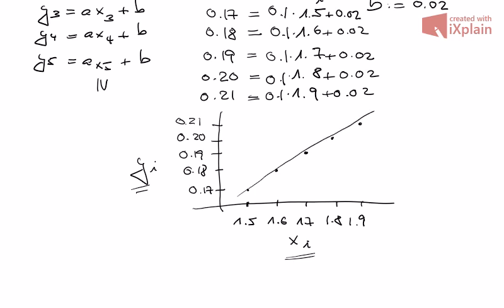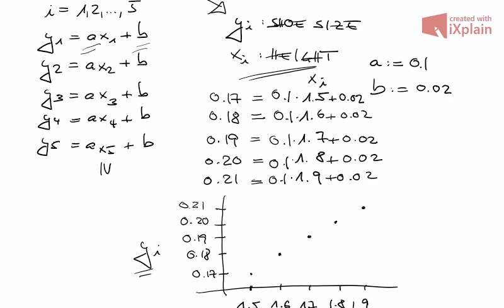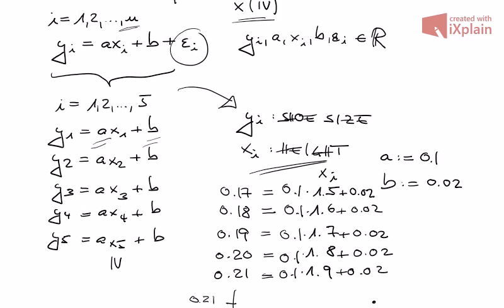If I could easily put a line through them, yeah. So that's essentially what this aspect of the simple linear regression equation wants to tell you. If you have values for xi, and for a and b, then you can compute values for yi, ignoring epsilon i, or saying that epsilon i is 0 all the time.